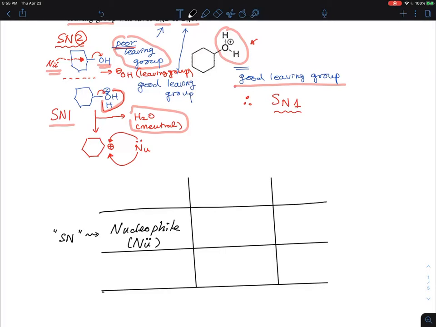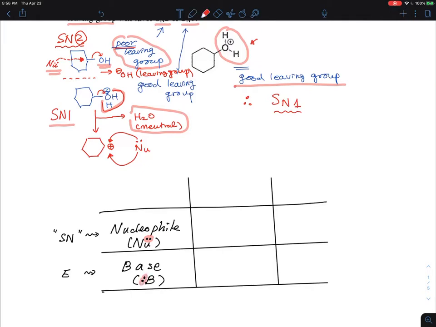In a nucleophilic substitution reaction, something with these lone pairs is called the nucleophile. Whereas in the elimination reaction, we call this one a base, and sometimes they use this notation here for the base.